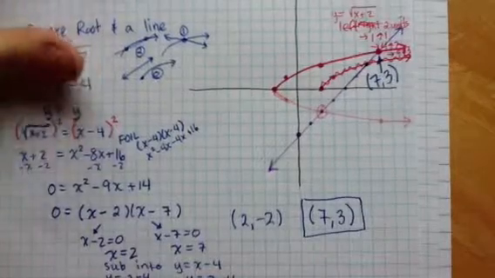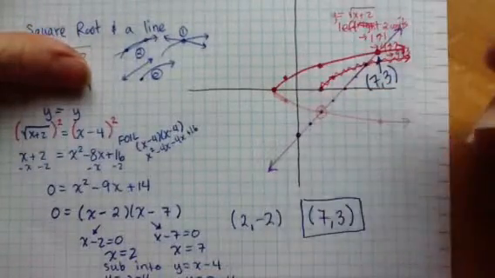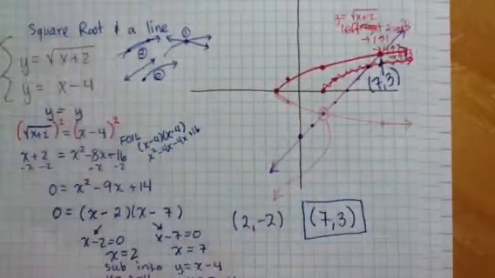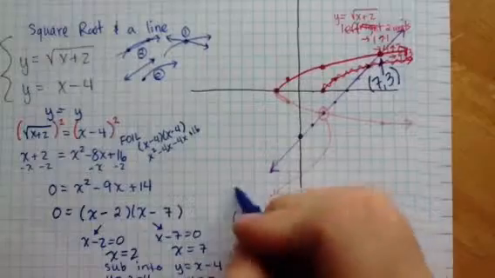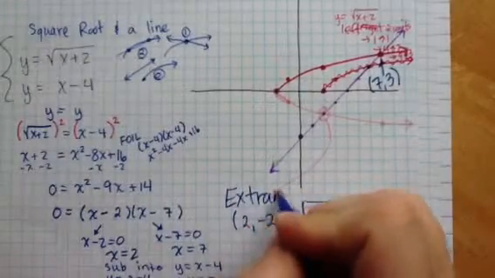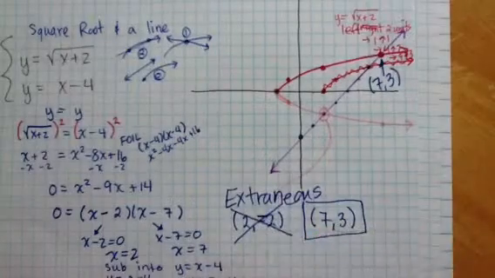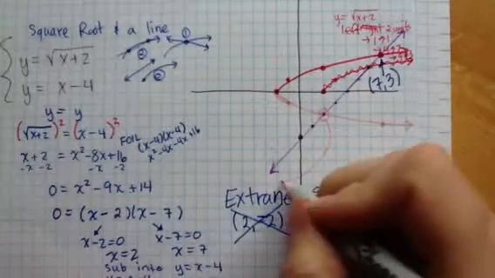But since this is not a part of the graph, then that ordered pair is what we call extraneous. It kind of goes with the phantom part of that square root graph.